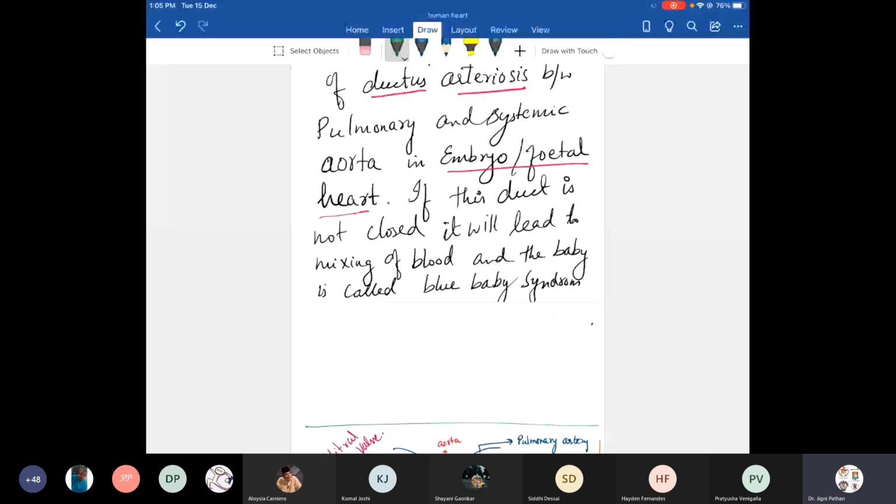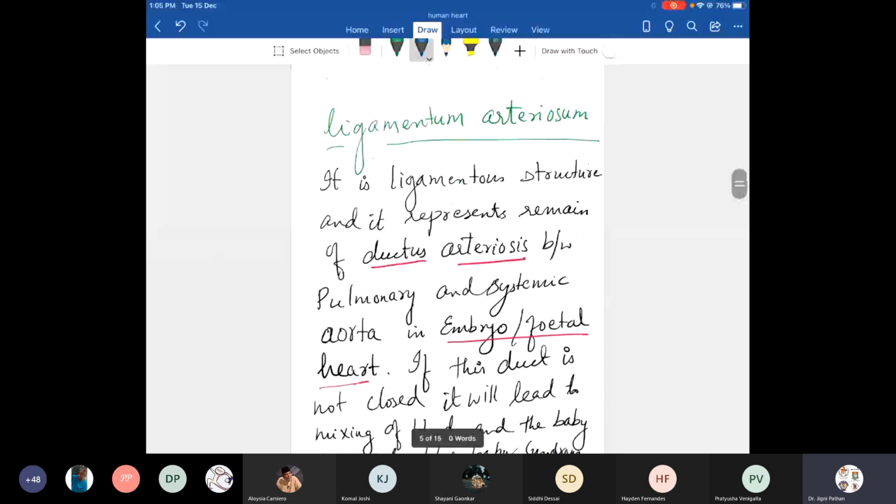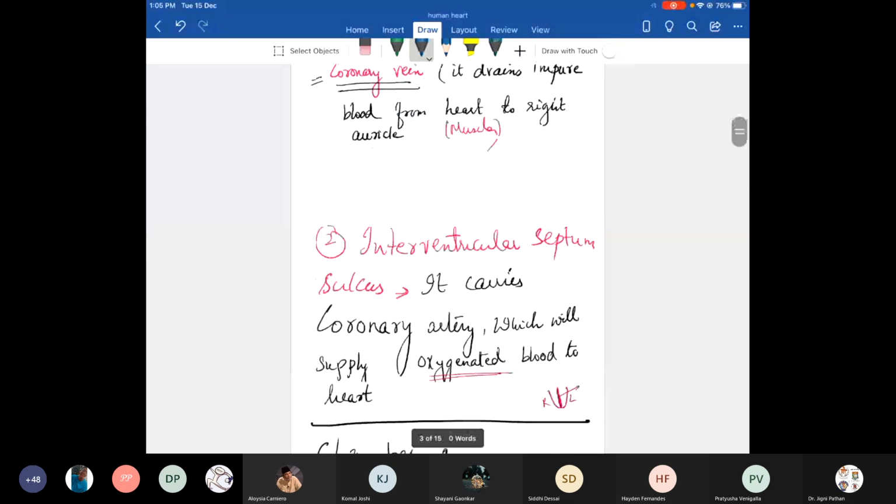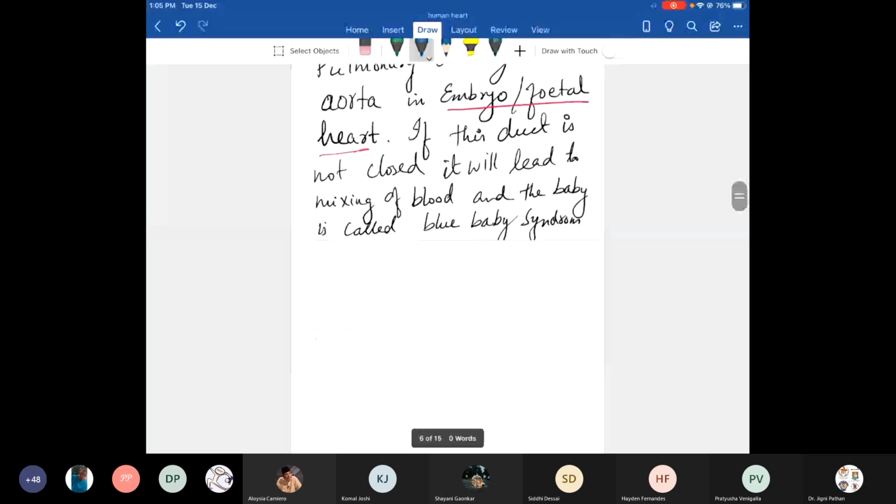See, there is a pulmonary artery, right? And there is the aorta, which is moving like this. Here's the diagram.